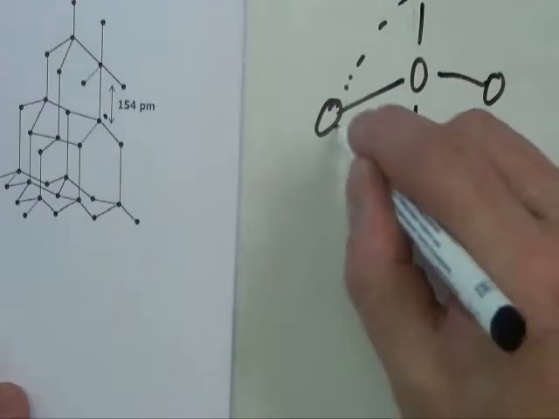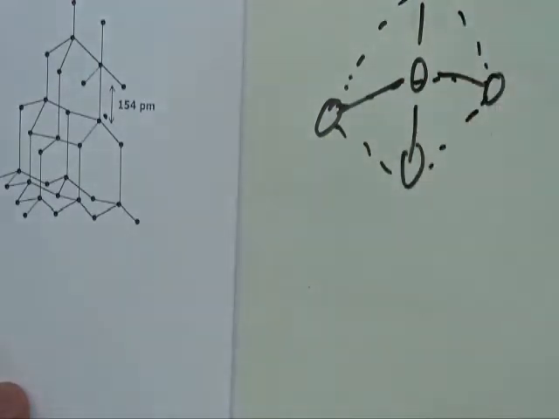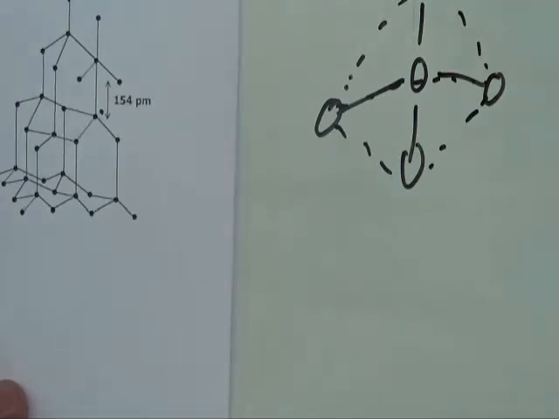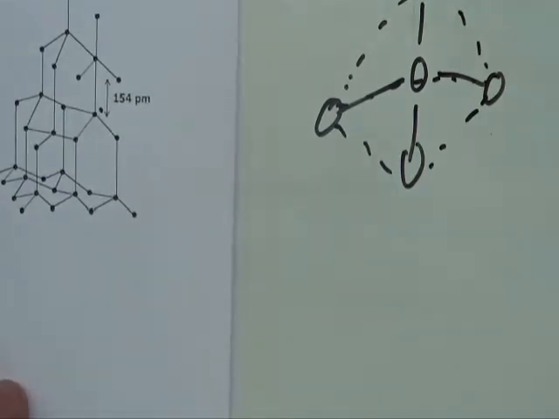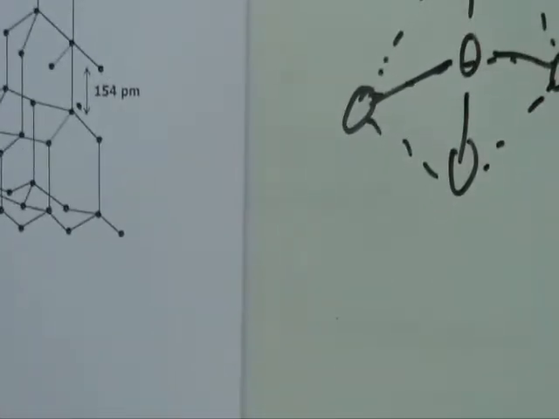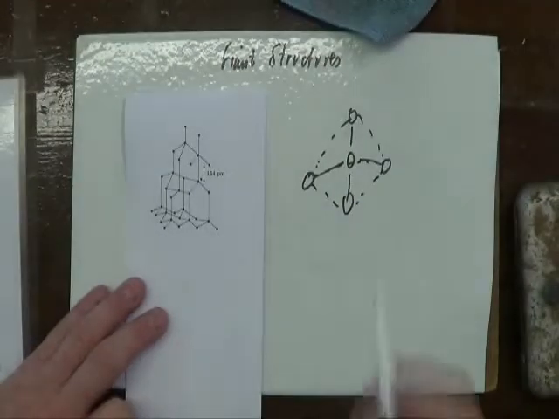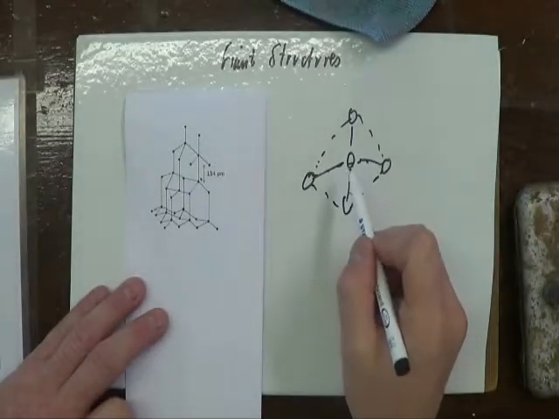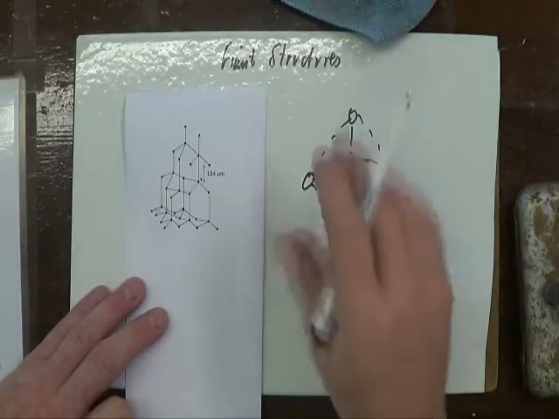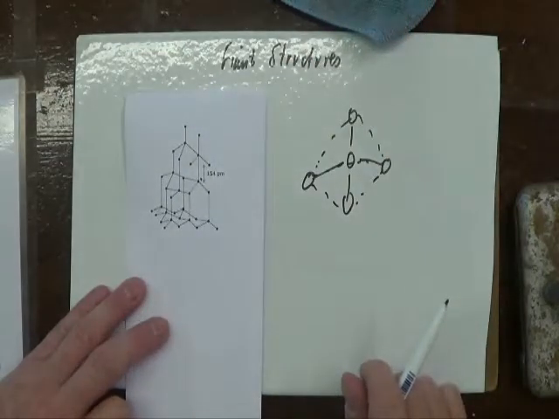Which leads to this tetrahedron type shape. And if we have that tetrahedron type shape, what we get then is a structure which is extremely difficult to compress. It's very, very difficult to press down on.